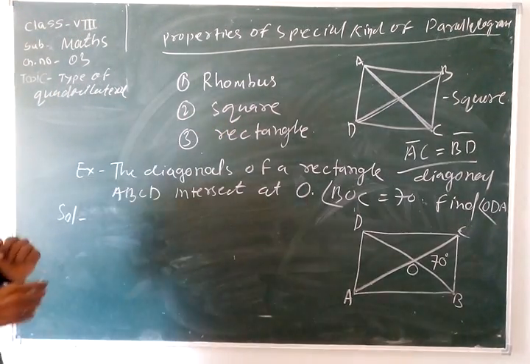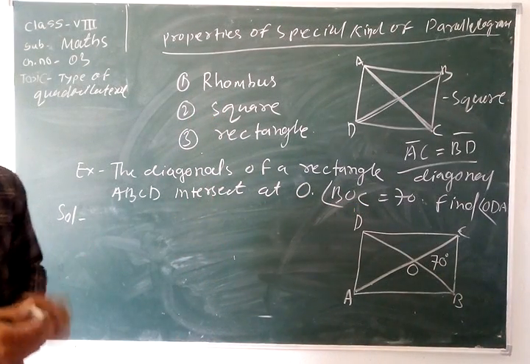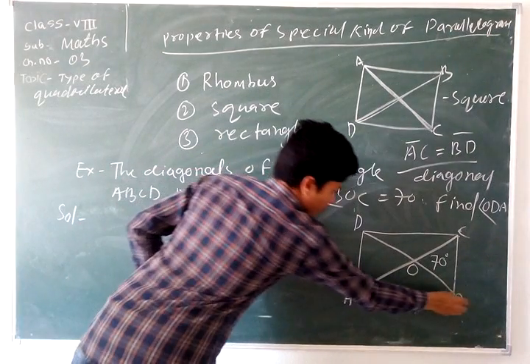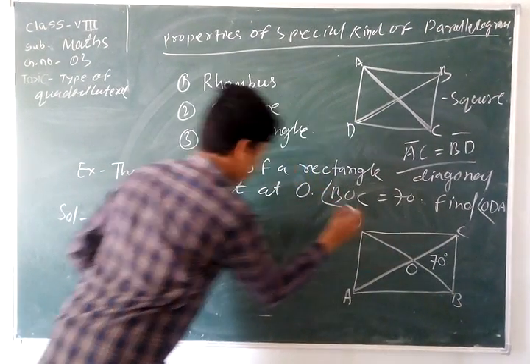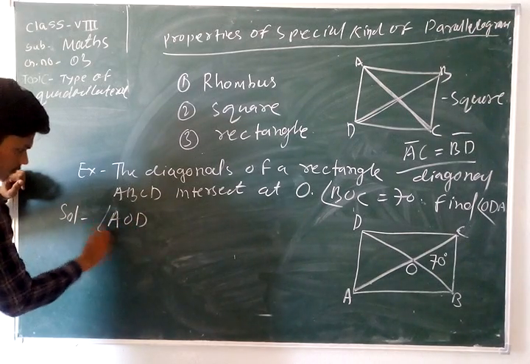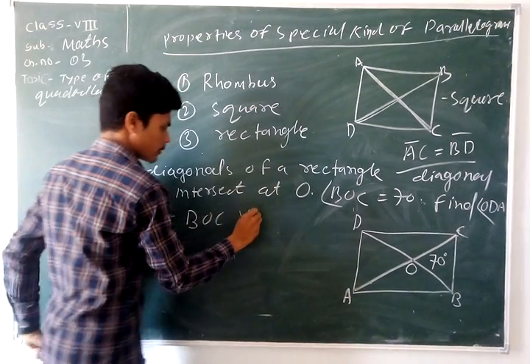See, we can find the answers. Find the angles at O, D, A. Then here AOD and BOC. AOD equal to BOC, vertically opposite.